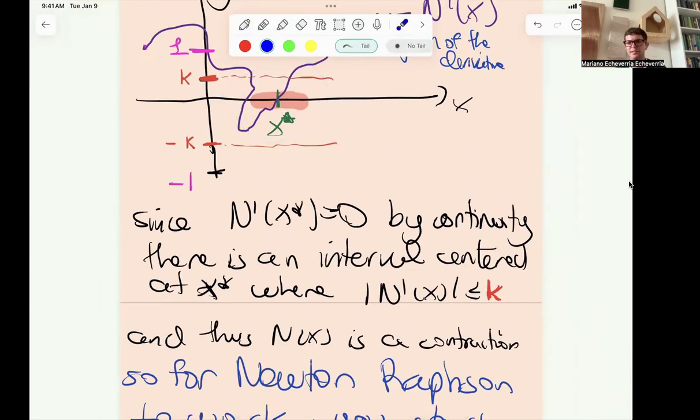I'm not claiming that it's accurate, except for the fact that it is zero here. Except for that, I don't know what it looks like.